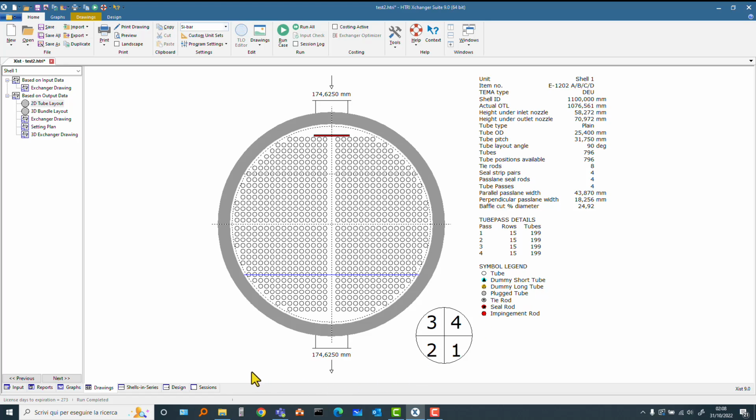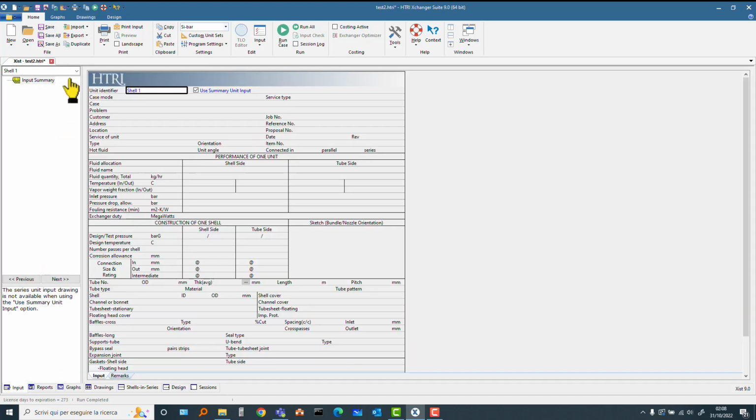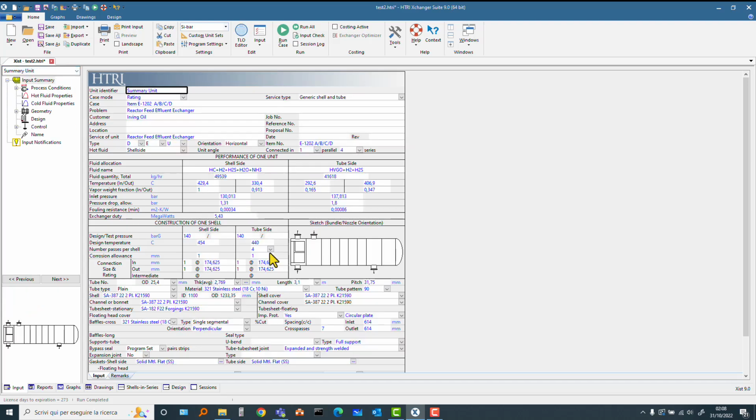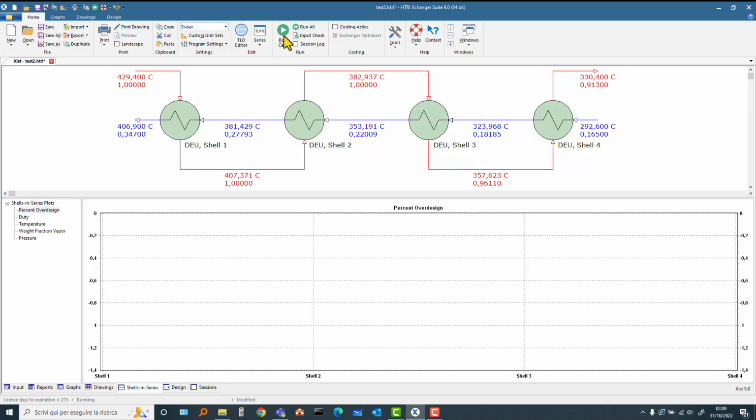Now, if we want to increase the number of tube passes, it's very easy. We come back to the input, we take the summary unit, and we say that we want a 6-pass heat exchanger, or a series of 6-pass heat exchangers. Then we run our case again.